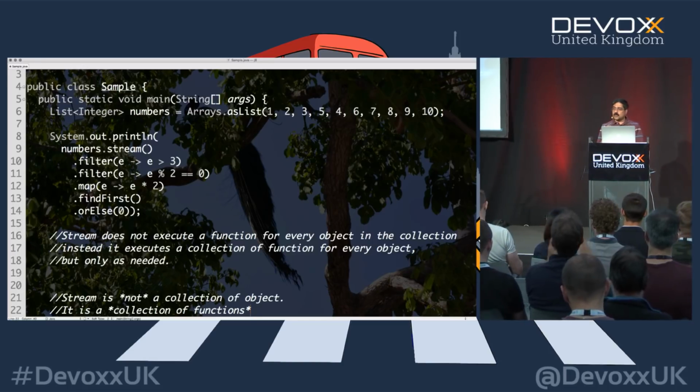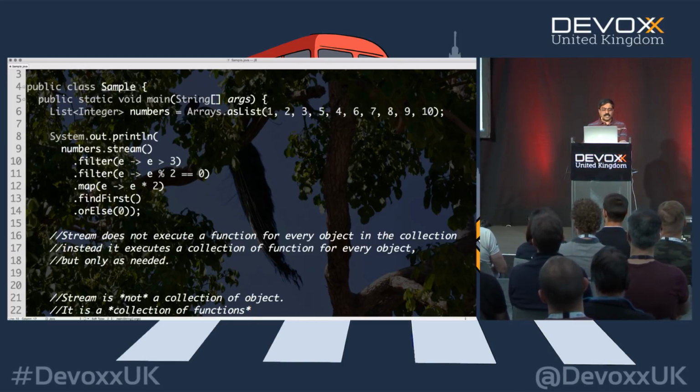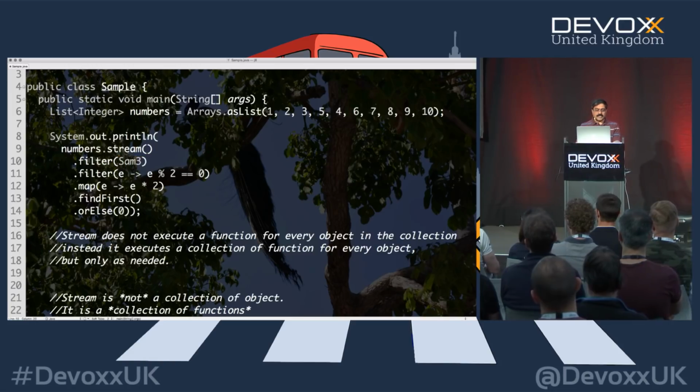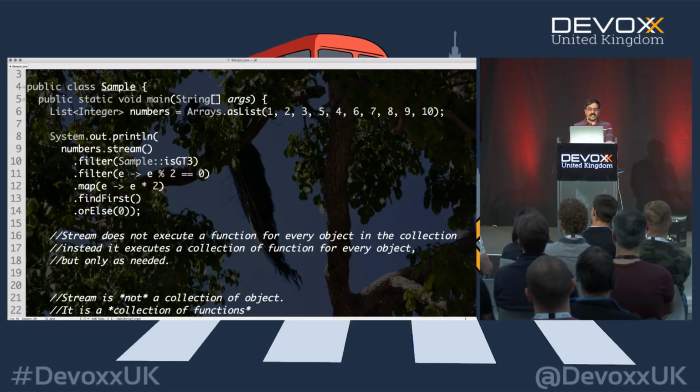Let's see if this is true with a little example here. So let's get back to this code and say sample, and we will call is greater than. Similarly, we'll go back to this code right here and say this is going to be sample and is even. And finally, we'll go back to this code and say this is sample, and we will call this as double it. Now when I execute the code, what's the output this code produces?